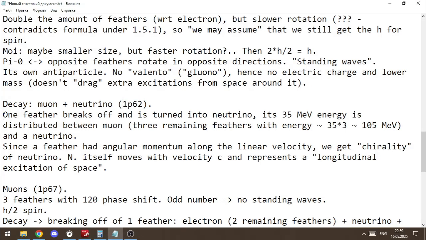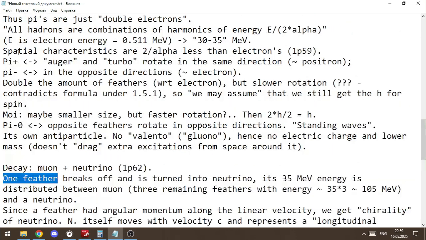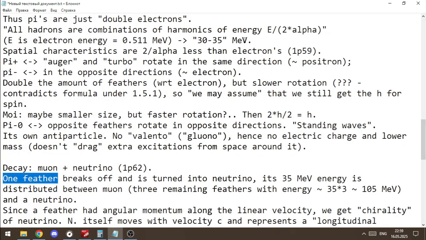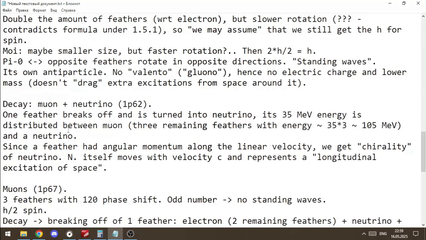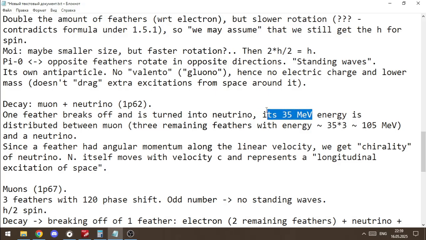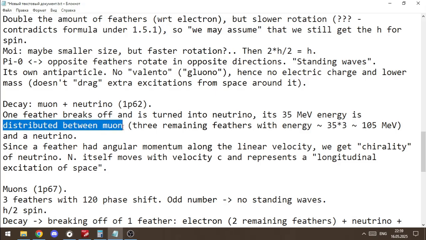Well, according to Burtaev, one of the feathers, I'll remind you that pions have 4 feathers, so one of these feathers, each one having this energy basically, breaks off and turns into a neutrino, and since the feather had this roughly 35 MeV energy, it has to be distributed between the resulting muon and a neutrino.